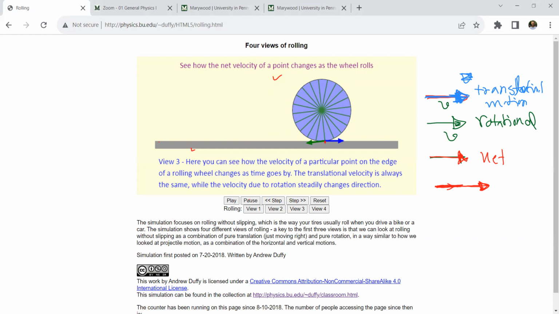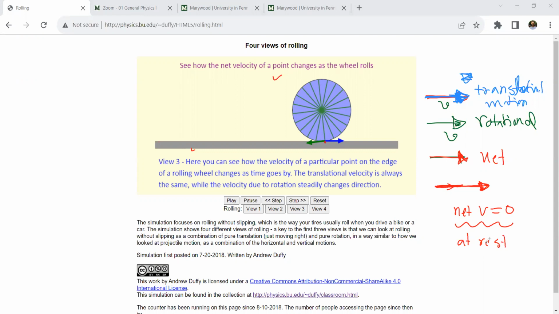Because they are opposite, the net velocity is 0 at this point. So net v equals 0.